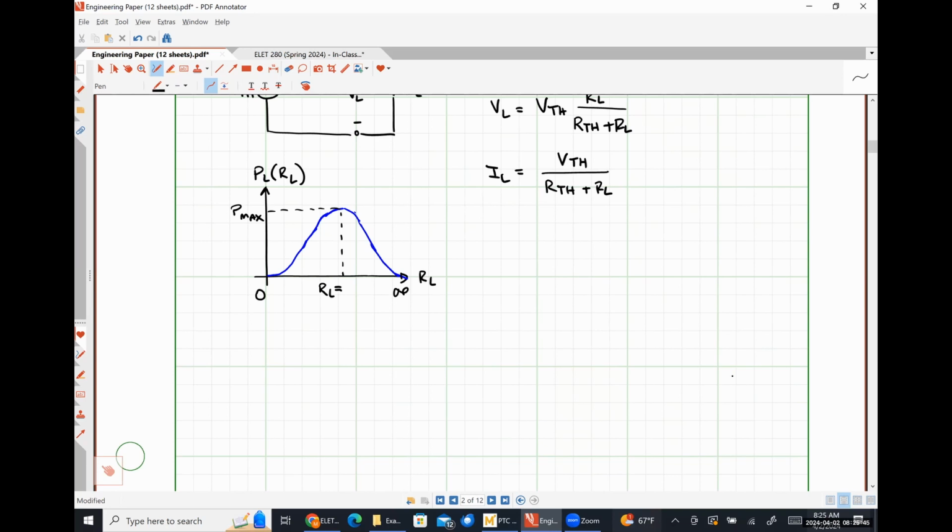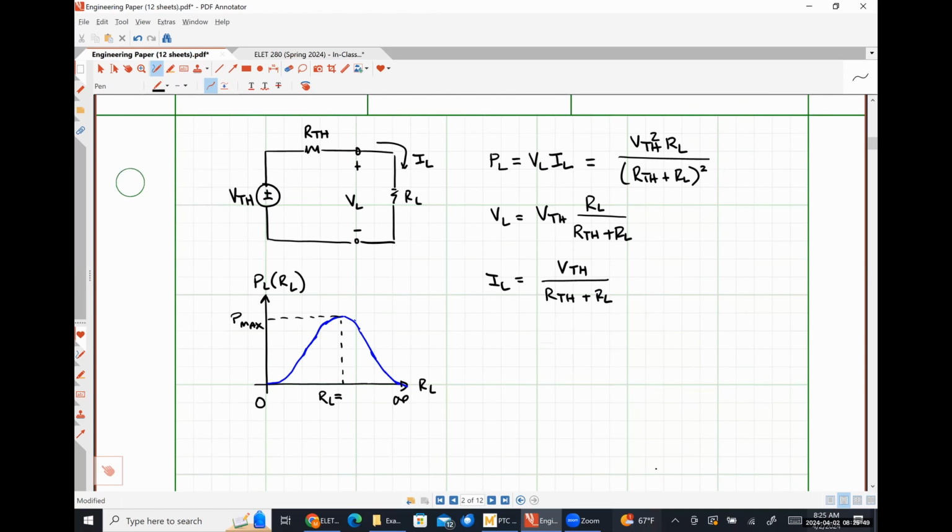Okay. So realistically, what we would be doing is maximizing this equation right here, or figuring out when that equation hits its maximum, right? You guys have had some calculus, I believe. So how do you find the maximum value of a function? Take the derivative of the function and set it equal to 0, right?